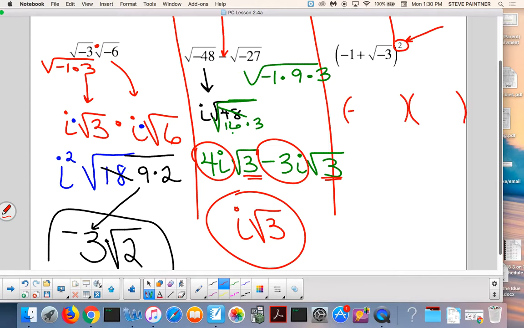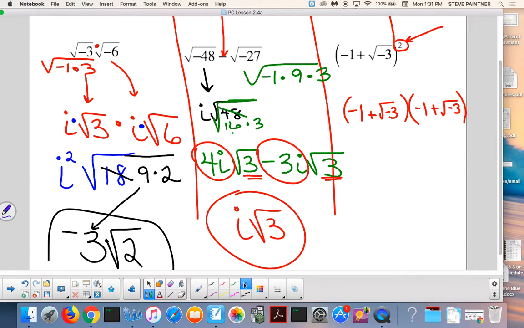So you're saying negative 1 plus this times negative 1 plus this. Anytime you see a square, guys, it means to multiply that number times itself twice. If that was a 3, you'd do it 3 times. Don't start until you do what, though?